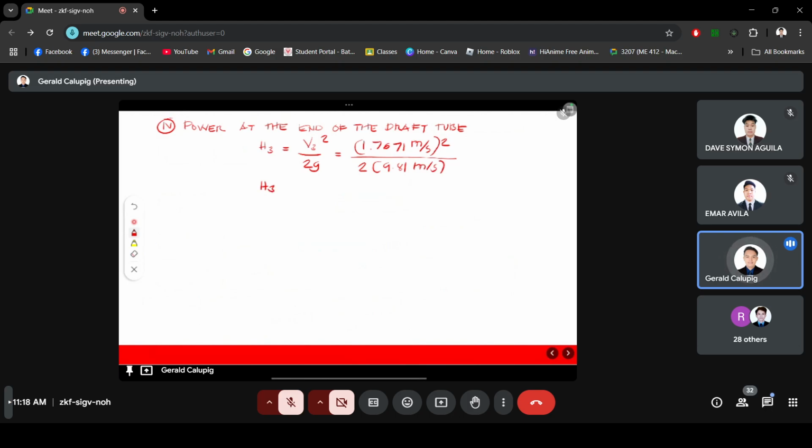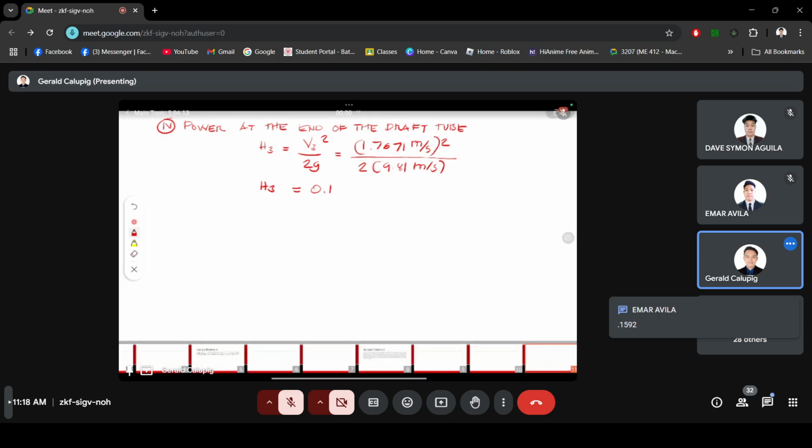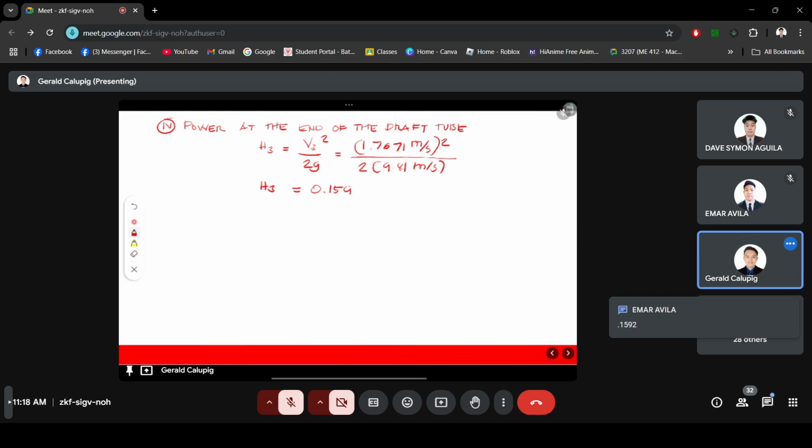Ano po yung total head natin at the end of the drop tube? We can have it, what? Pakisolve po. 0.1592. Okay, thank you po. 0.1592 meters.